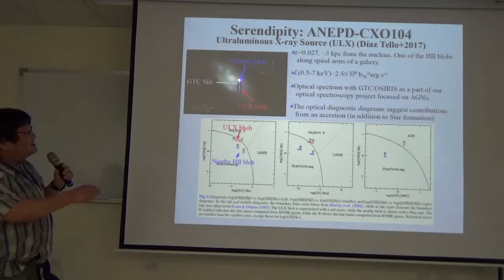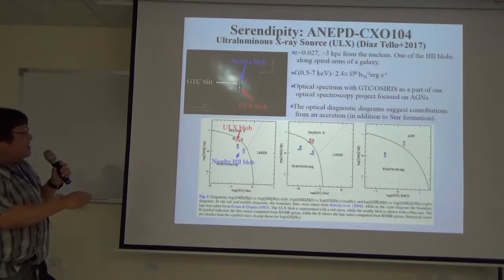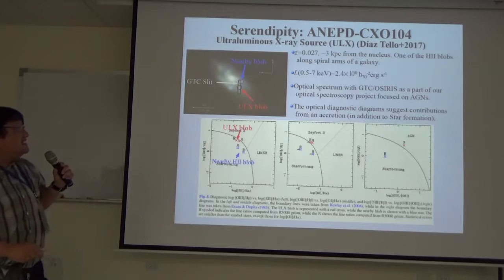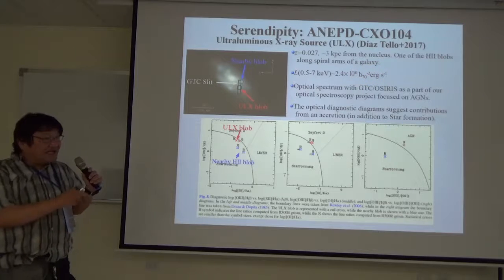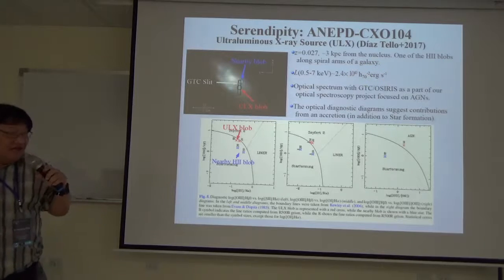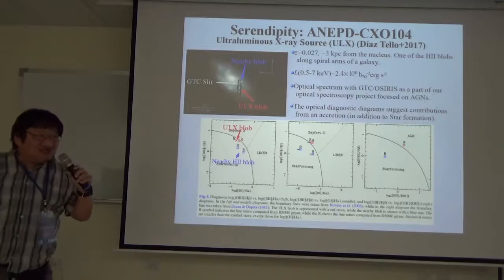Then we put the slit here, and we put this one and this one, almost 3 minutes. Okay. These two knots, and the X-ray luminosity is something like 2 × 10^40 erg per second, which is typical of what we call an ultraluminous X-ray source.